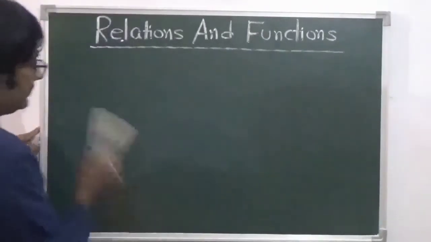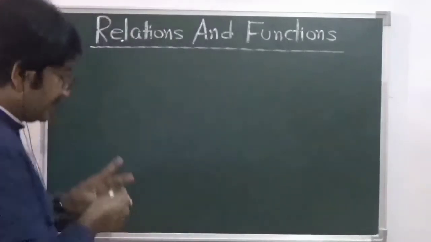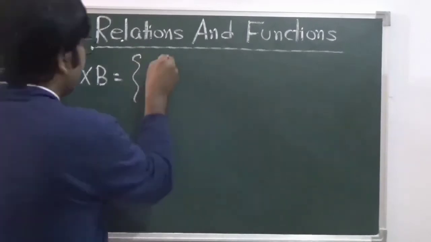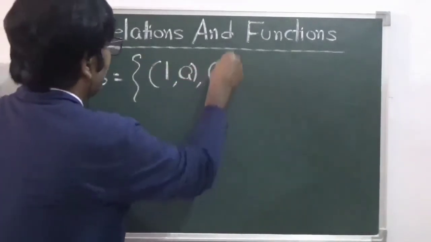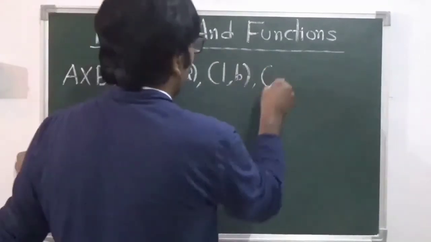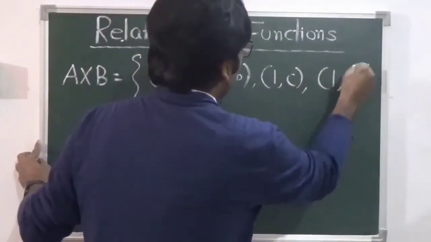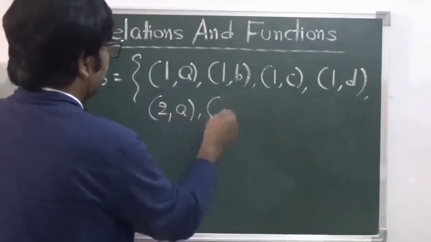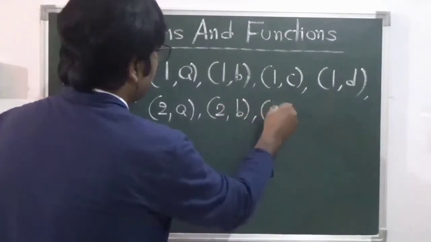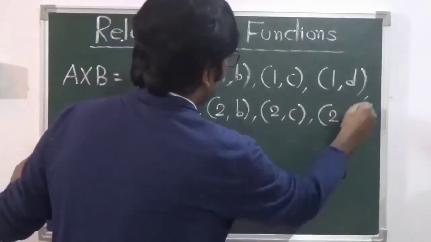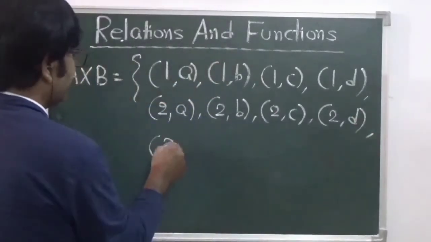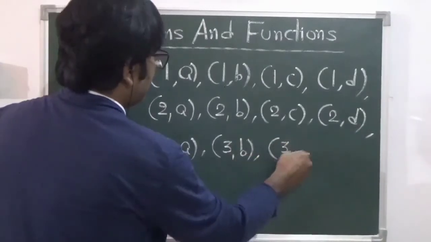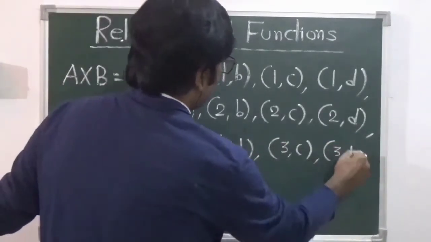As I told you, it is in the form of ordered pairs: 1 comma a, 1 comma b, 1 comma c, 1 comma d, then 2 comma a, 2 comma b, 2 comma c, 2 comma d, then 3a, 3b, 3c and 3d.